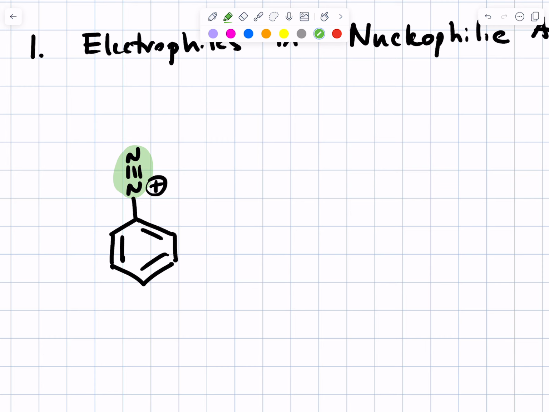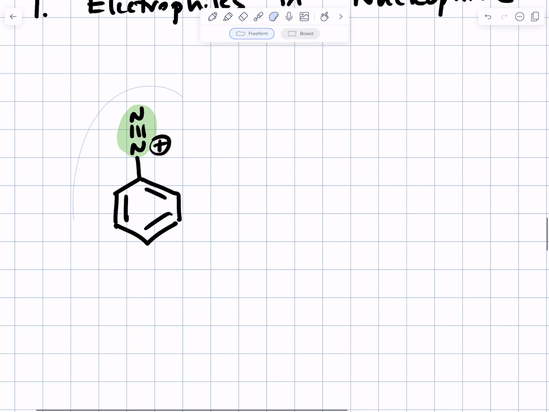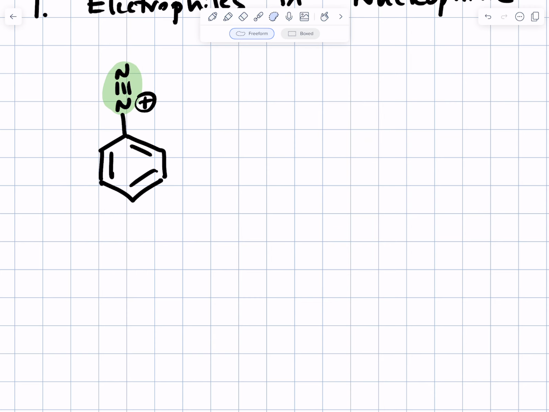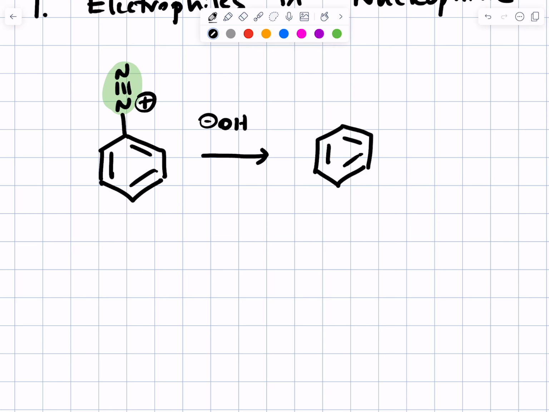So it's an exceedingly good leaving group. So what we're going to do is something really different than you've seen before. If we add a nucleophile like OH minus, we can do a substitution reaction like this, and N2 is the leaving group.